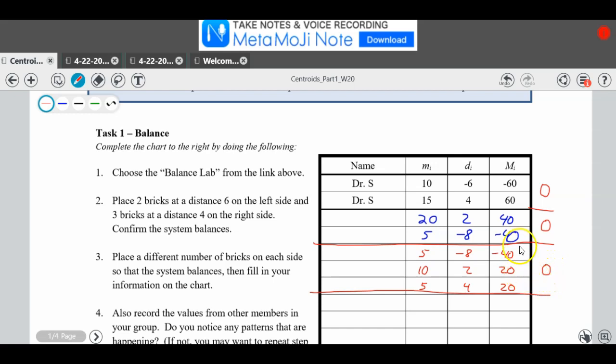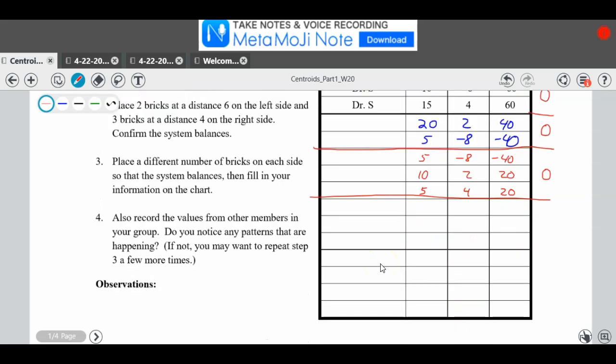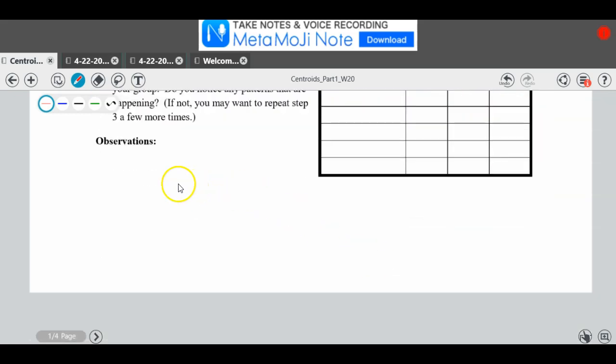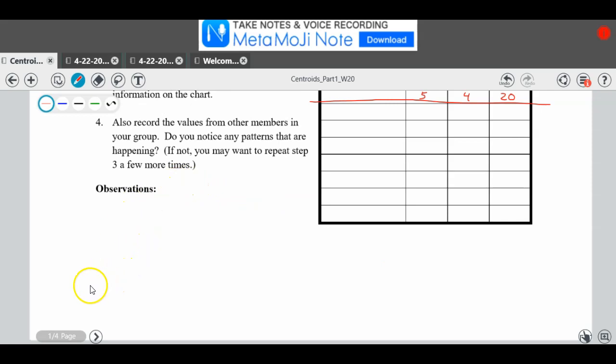So your total moments should always add up to 0 if you're going to be balanced. And that's going to be a key idea through a lot of what we're going to do. So that's something you could record right there in your observations. So the moments should add up to 0 to be balanced.